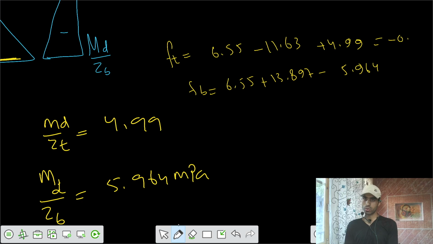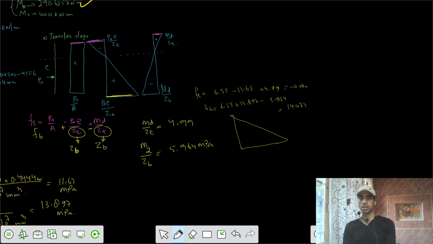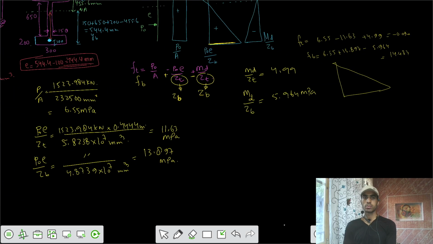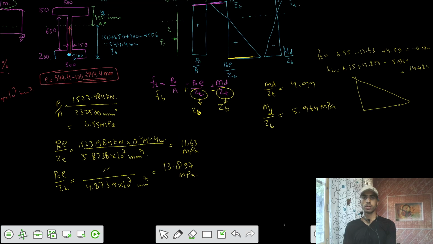This is minus 0.090, and this one is positive 14.483. So the final stress diagram would be that this is your 14.483, and there's some negative stress at the top. This is your stress diagram for the initial first transfer stage. This is the first case that we have.